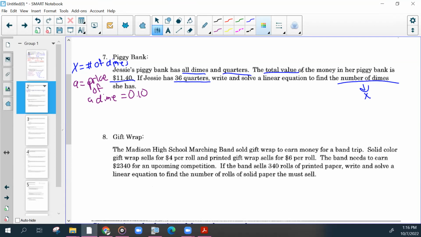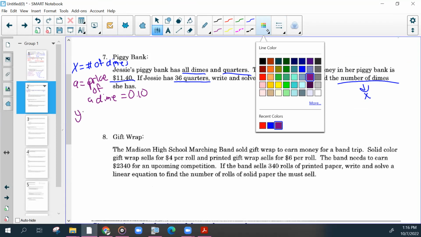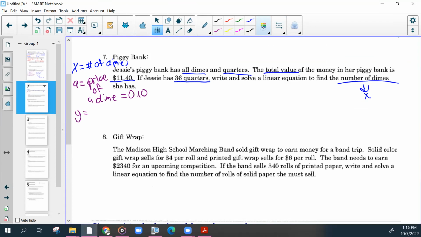Then our Y has to be the opposite, the number of quarters, which we know to be 36. And just like our A, our B would be the price of a quarter, which would be 25 cents.